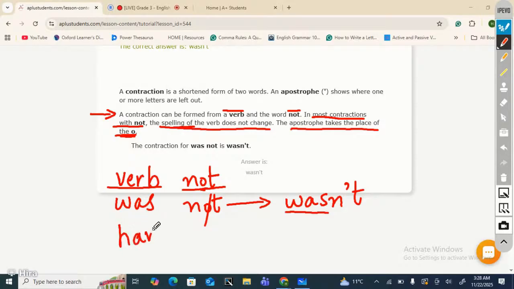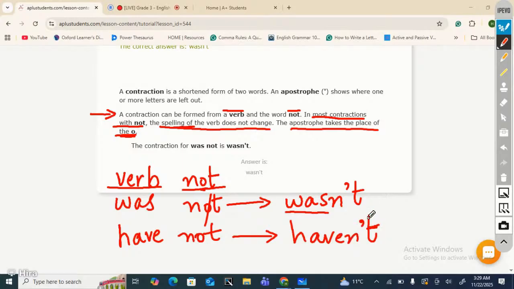Let's say have is the verb with the word not. Its contraction will be: no change in the spelling of the verb have, but the letter O in the word not is omitted, left out.